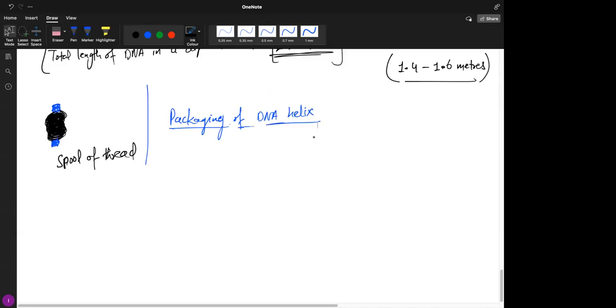Now, just like a spool of thread where you need a base on which your thread will be spooled, so in DNA, that base is provided by proteins, and those proteins are called DNA binding histone proteins. Okay, so write down.